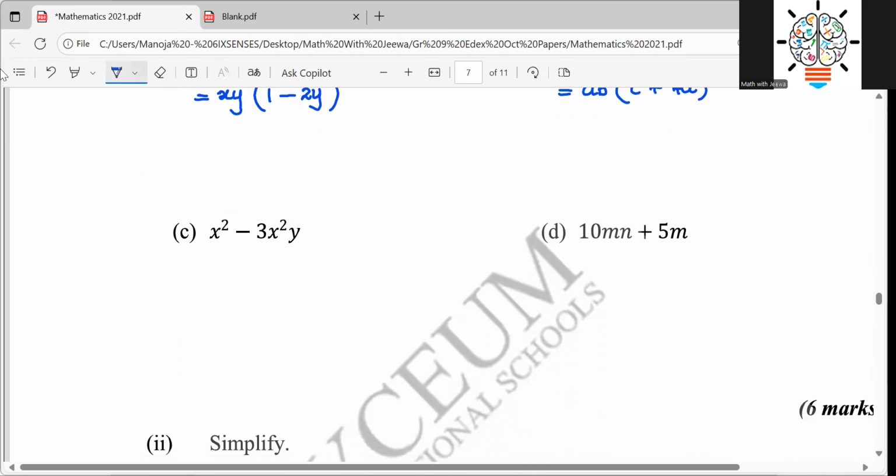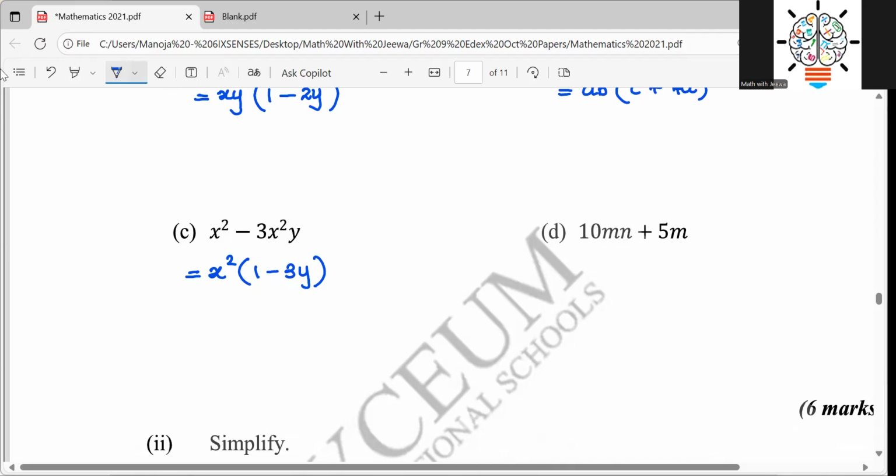Here you want to again factorize, that you take x squared out and 1 minus 3y, right? You take x squared out, so then you have 1 minus 3y.